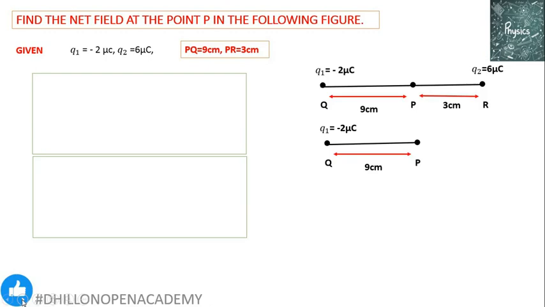Now because Q1 is negative but the test charge Q0 at P is positive, Q1 is going to attract Q0 towards itself.